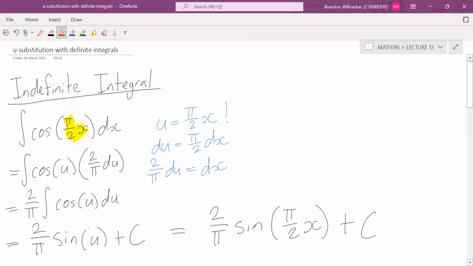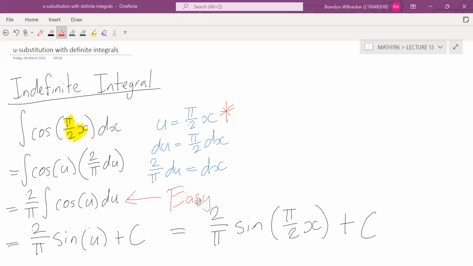To help with that, we make this U substitution. The inside function is pi/2 times x, so we say u is equal to pi/2 times x. That's the first thing. Then we need to find du, do a bit of manipulation, substitute back, and then we get this easy integral in terms of u. So this one's easy to do.